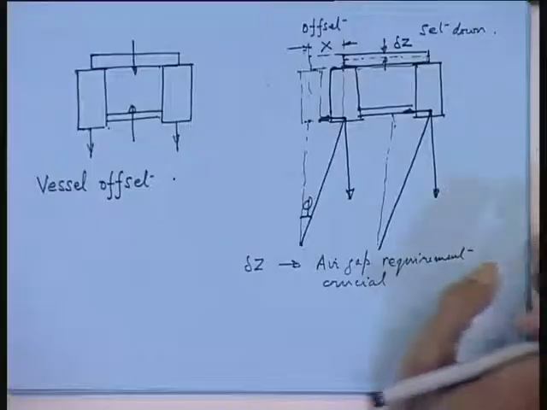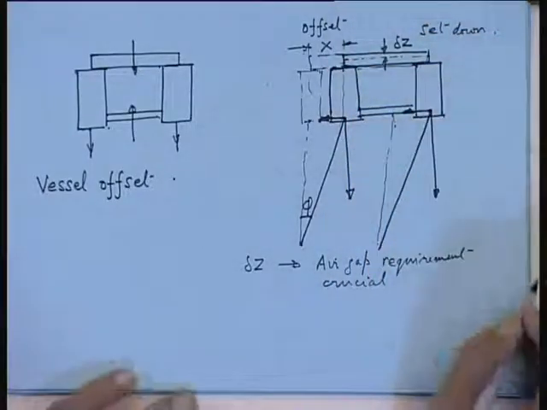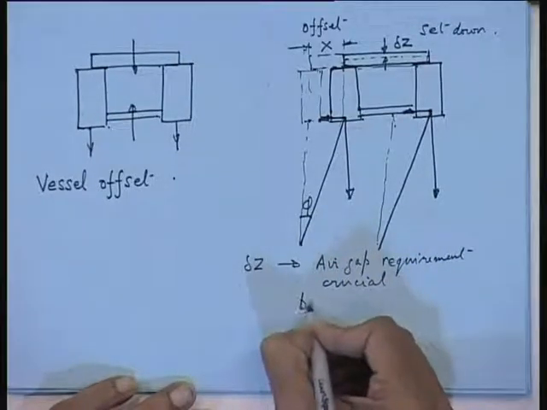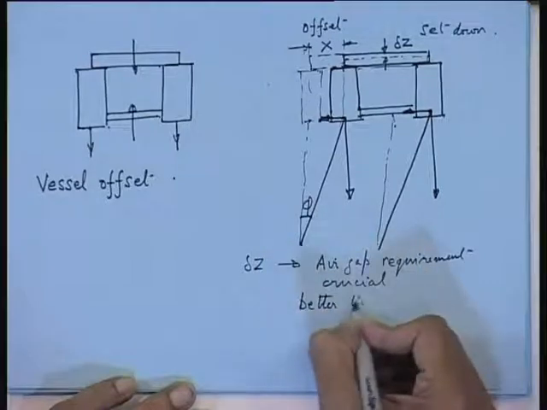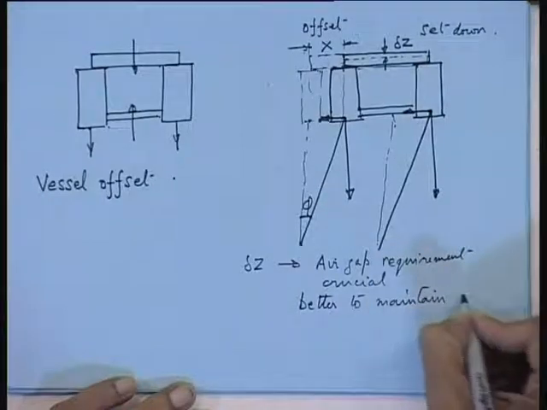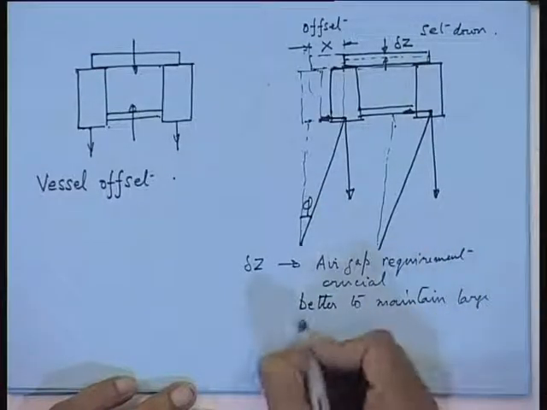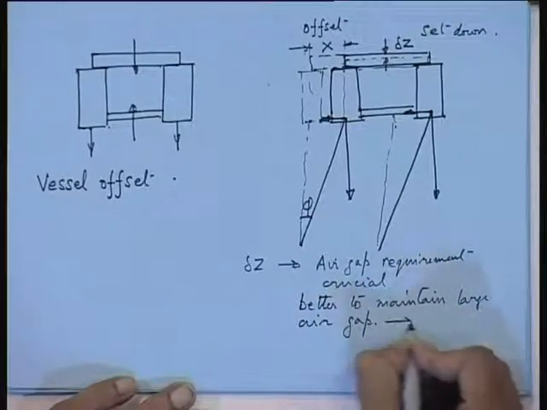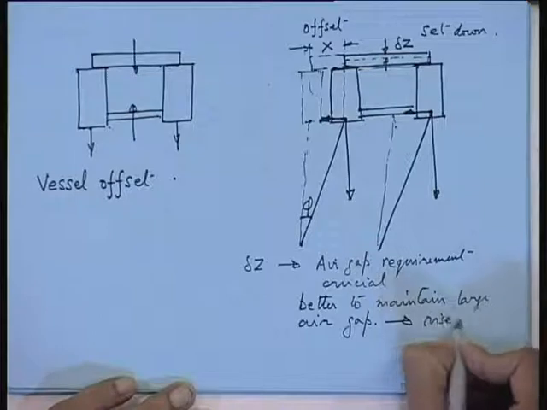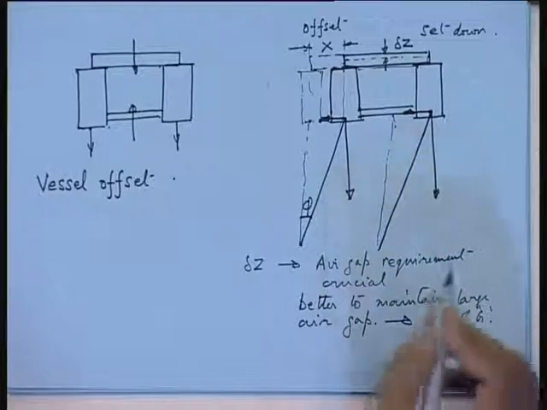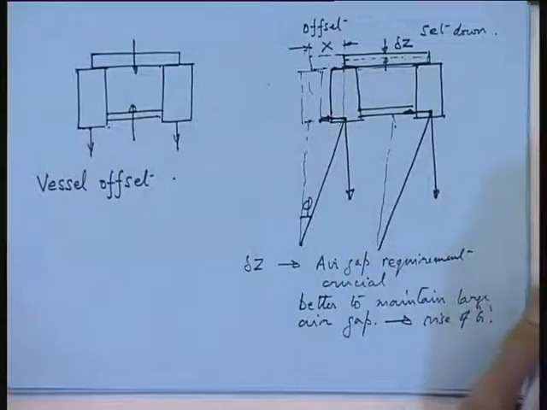But here you do not have so much chain cable, so set down is going to happen. So, it is better to maintain a large air gap. But if you have a large air gap, there will be another problem, rise of G.